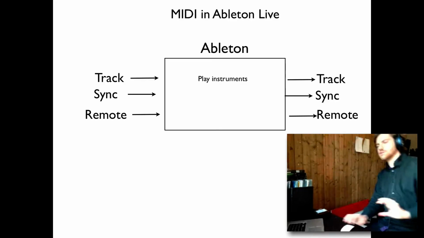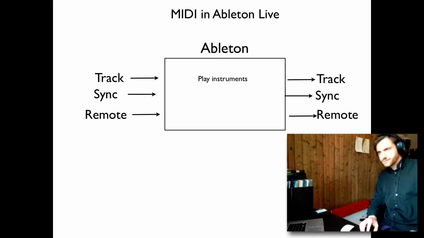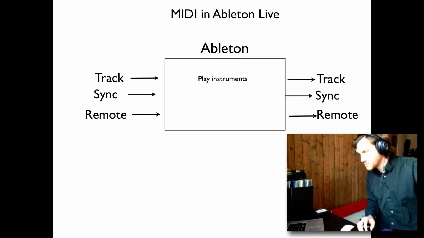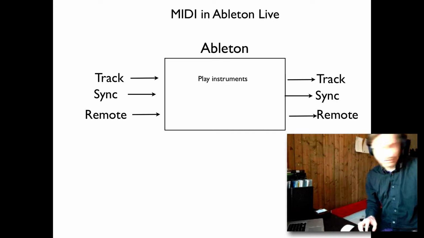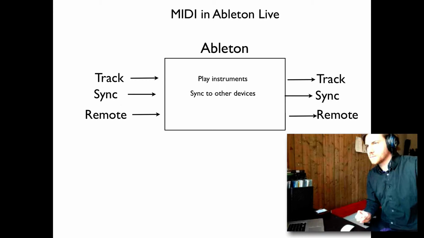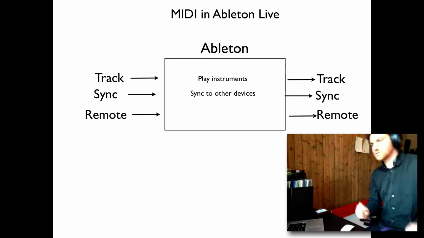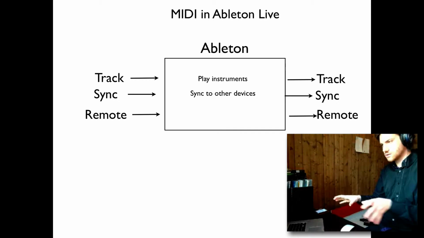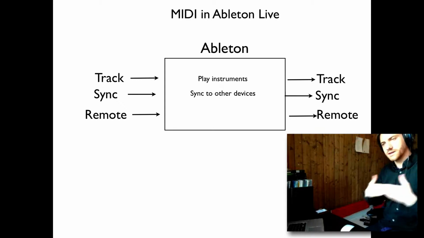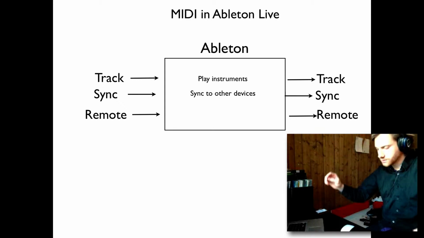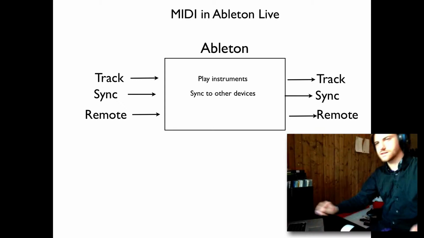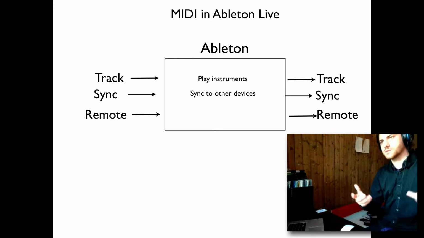Then we have sync. I can't demonstrate it now because I don't have something to sync it with. But for example, if you want two computers to be in sync, so that when I start Ableton on my machine, the other machine starts playing in the same tempo, we can use this sync in or out.